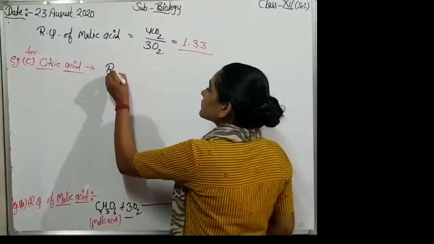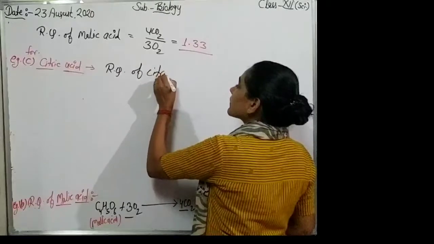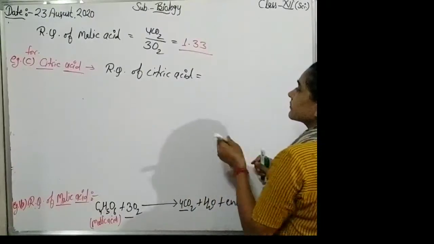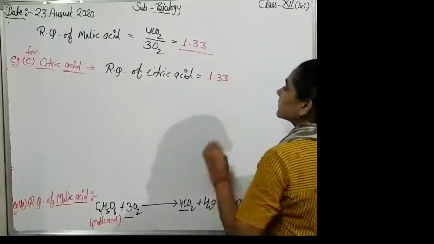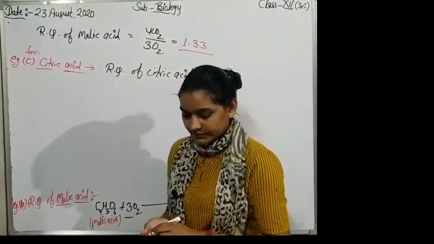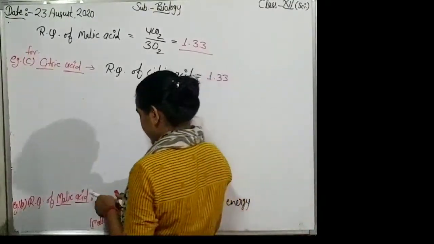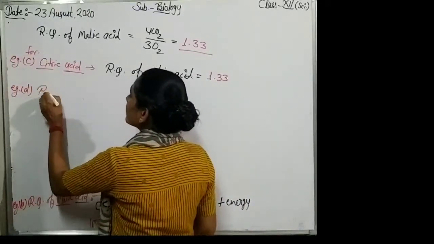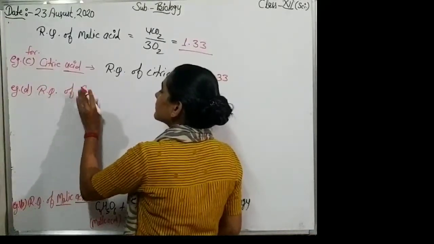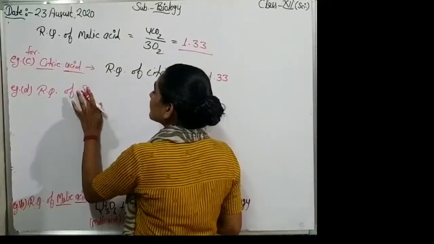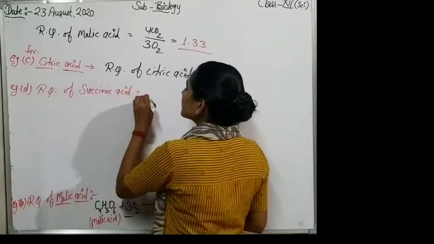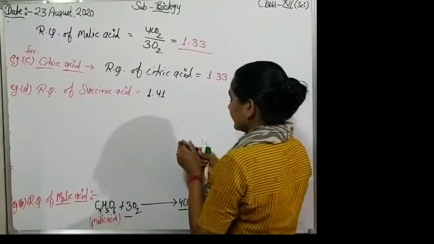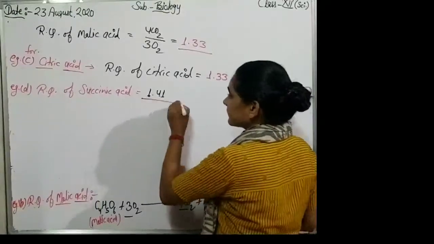RQ of citric acid is equal to 1.33, and example fourth, RQ of succinic acid is 1.41. Okay.